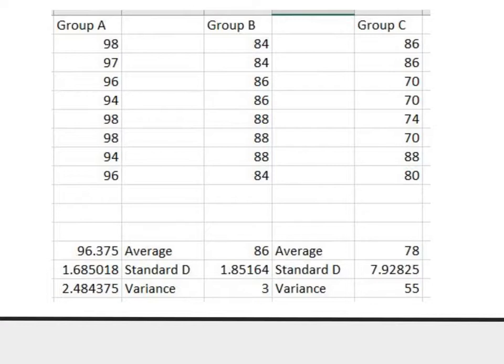What our variance does is kind of tell us what our curve looks like. It gives us the shape, more or less, of that entire curve. So for this curve here, we've got 96, and our variance is, we'll say, 2.5.